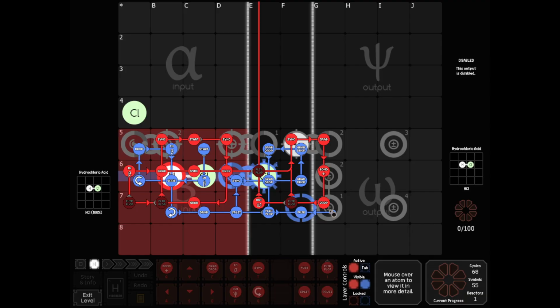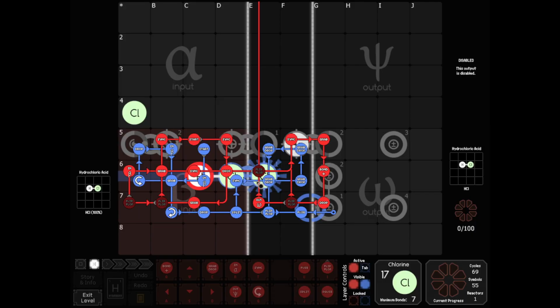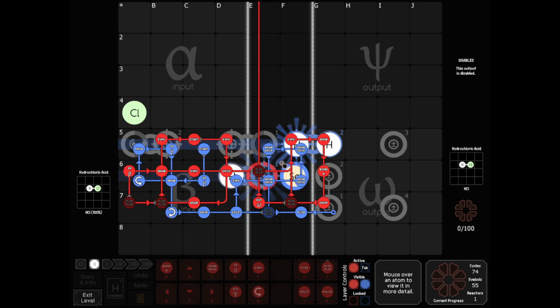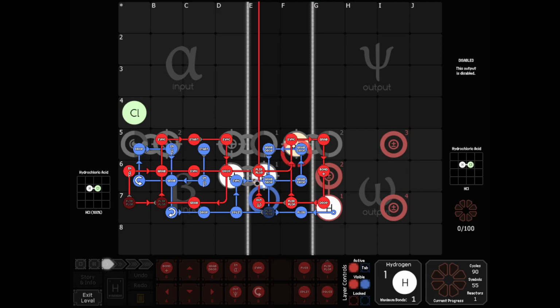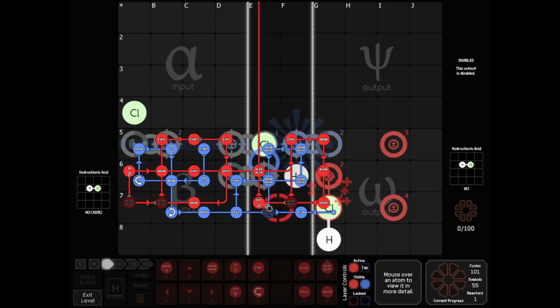So notice that this bounce back here with the fuse both restores the chlorine that was split across the walls, and then immediately fuses another chlorine into it. So now there's helium and selenium in the middle, which just need to get split across, and then one output is already done. And red also brings the hydrogen there to be fused into the next hydrogen up there. So blue is just running.